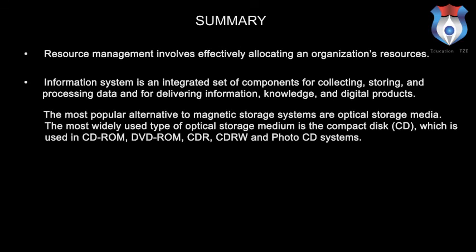An information system is an integrated set of components for collecting, storing and processing data and for delivering information, knowledge and digital products. The most popular alternative to magnetic storage systems are optical storage media. The most widely used type of optical storage medium is the compact disc, CD, which is used in CD-ROM, DVD-ROM, CDR, CDRW and photo CD systems.